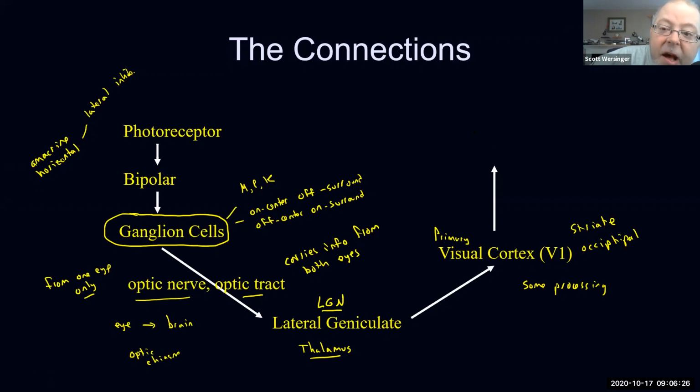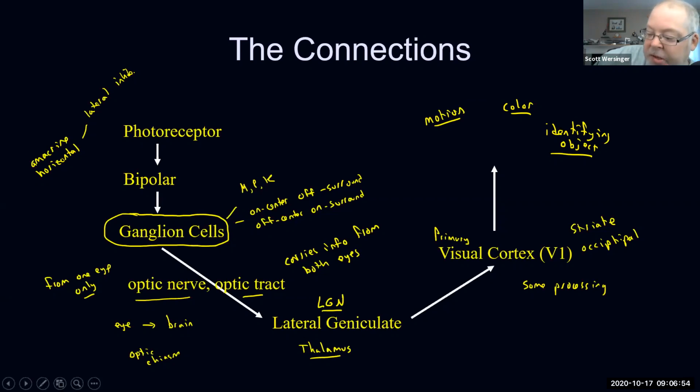So we're going to actually outsource, and we're going to outsource to different parts of the brain that are specialized for detecting motion, color, identifying objects. Okay, and we'll talk about a few of those regions as we go. Right now, I just want you to focus on what those different parts of the cortex do rather than memorizing just the names.